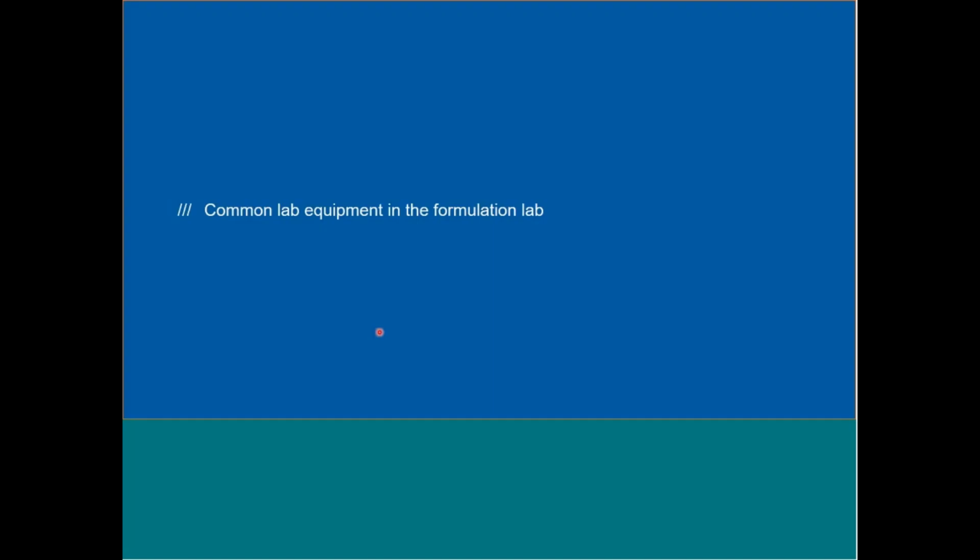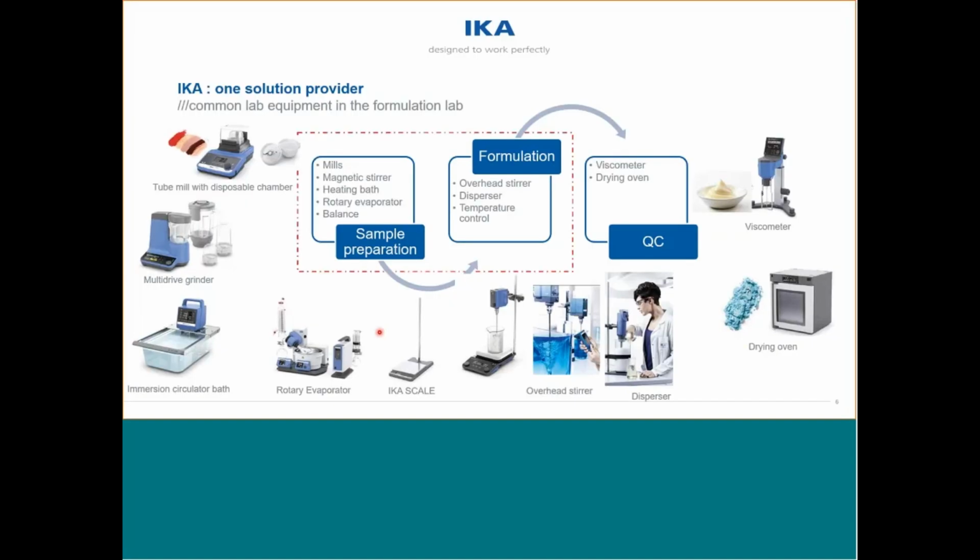Okay, let's start with the common lab equipment in the formulation lab. Before we start our formulations, normally we are required to do some sample preparations. We can see all this common equipment that can be used for sample preparations. It's very common to use a grinder to reduce the particle size of our raw material before we use it in the formulations. Today I would like to share with you one of our very unique grinders, called the tube mill, because it comes with a disposable chamber.